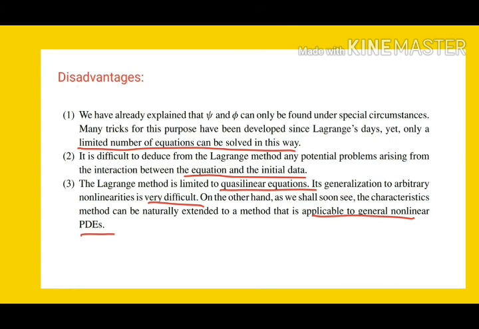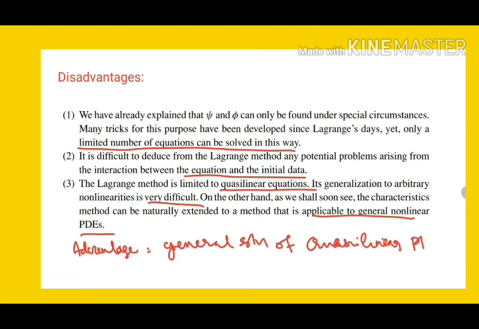But the main advantage is that it gives the general solution of the quasi-linear PDE.